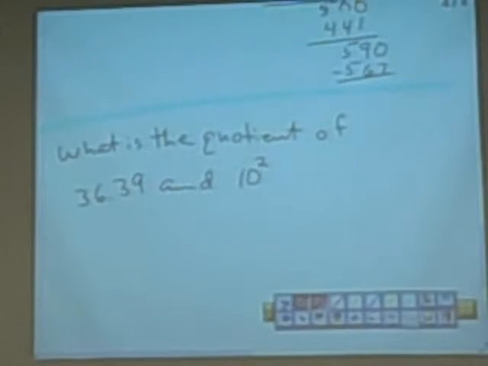Well, quotient, what does that mean? Division. Quotient means division, right? And 10 squared is 100, right? Because that's equivalent to 10 times 10.